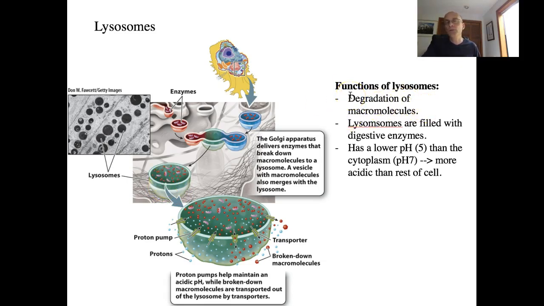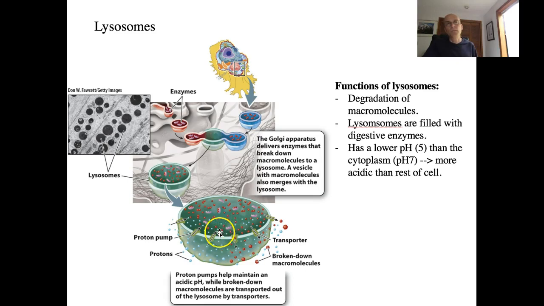So in other words, proteins, sugars, fats, even nucleic acids. These lysosomes are able to do that while the rest of the cell is not able to do that because of these enzymes inside, but also because there's a certain pH, so that's the acidity level within the cell, that is lower in the lysosomes than it is outside in the cytosol.